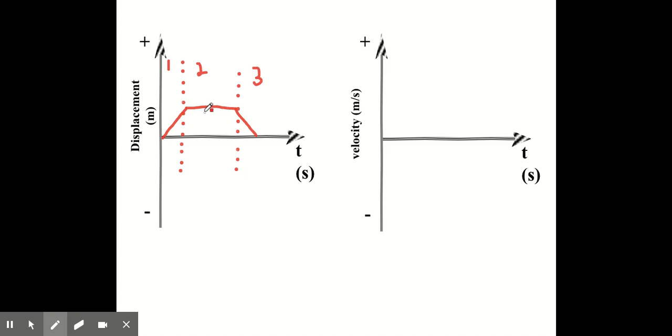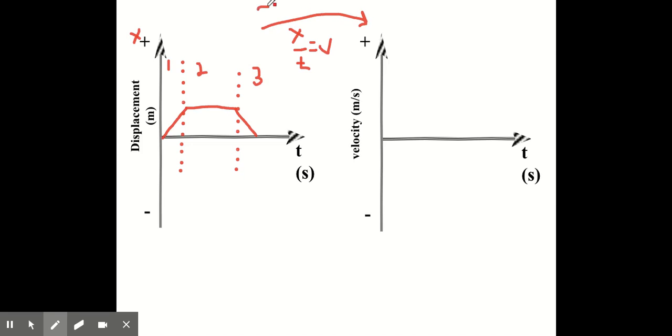So if we think about it, displacement or x versus t, how do we get to a velocity versus time graph? The slope of this graph is displacement over time. A change in displacement over a change in time is equal to velocity.